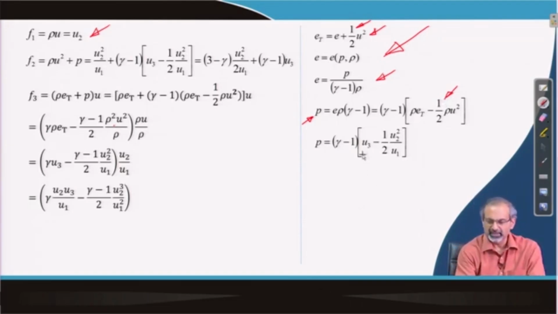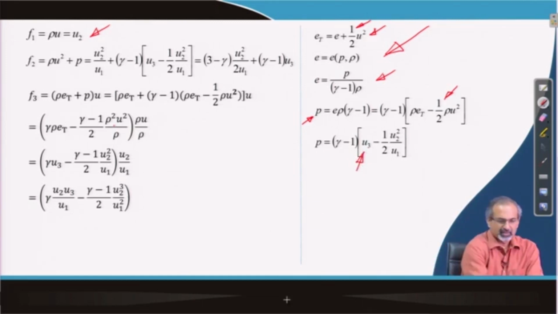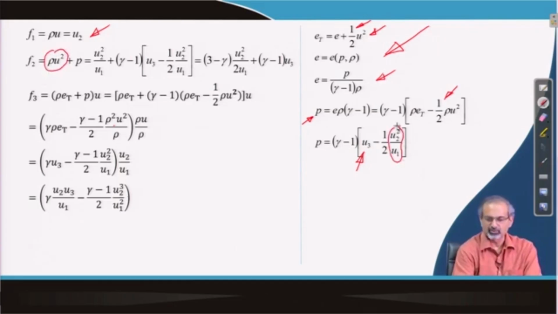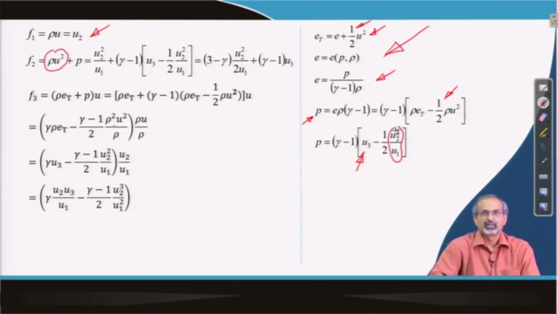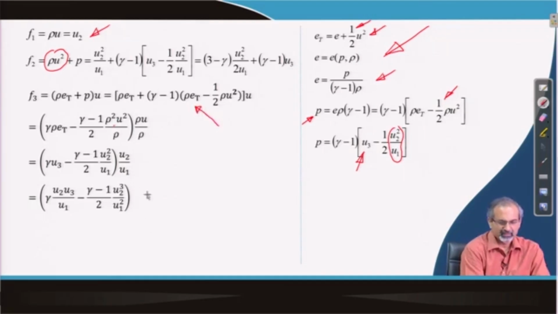And then you see conveniently that the first term is nothing but u3, and the second term, just like what you did over here, can be easily represented in terms of u2 square by u1. So, pressure now is expressed in terms of u1, u2 and u3. You have the functional relationship. So, that is plugged in over here, and then you can actually come up with the final expression.